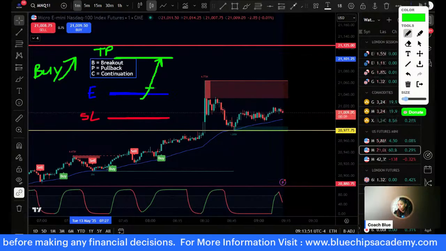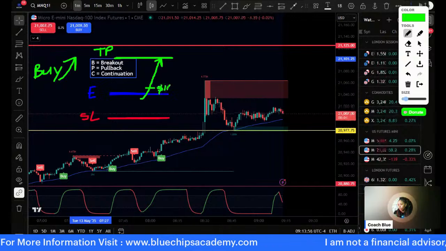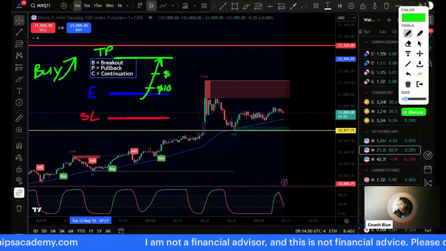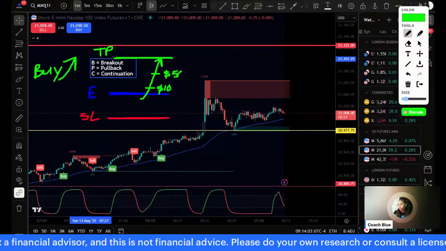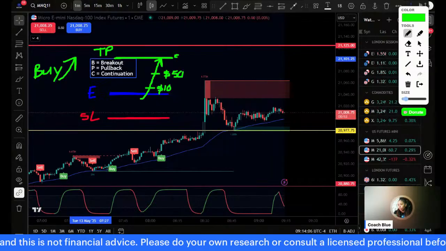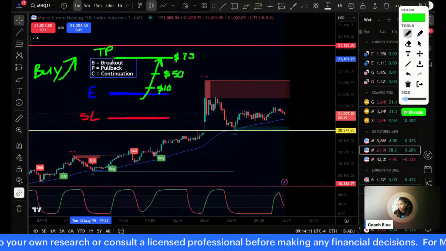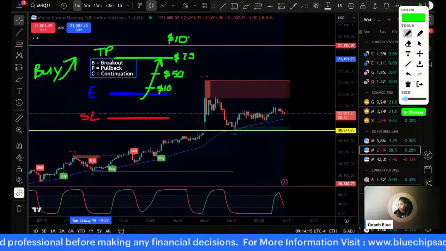So let's say here, I'm closer to my entry line. I might be in $10 worth of profit. Here, I might be at $50 worth of profit because now price has moved further away from my entry line. Okay. Here, I'm at $75 worth of profit. And let's just say price gets all the way up here. I might be at $100 worth of profit.